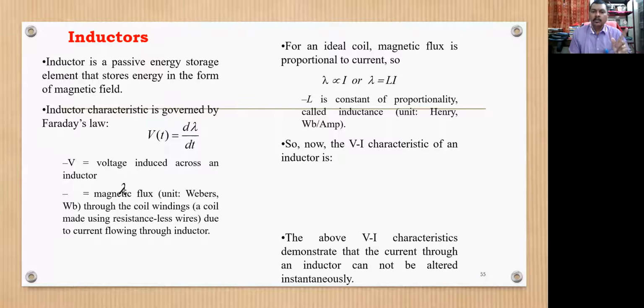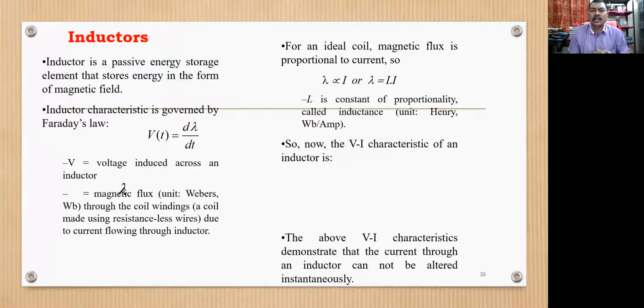Remember this. L is the constant of proportionality when we say that magnetic flux is directly proportional to the current flowing through the coil, and the proportionality constant that we are taking over here is capital L, and that is called the inductance.